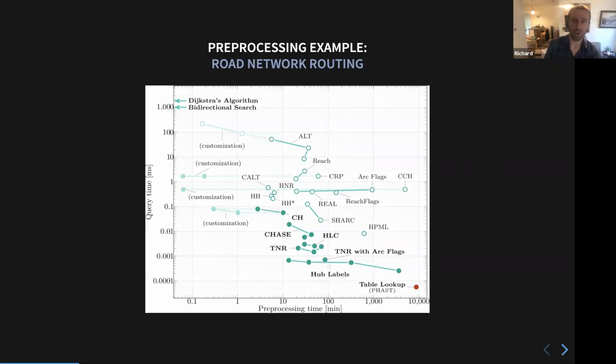But if you spend a little more time crunching this data ahead of time, you can dramatically, and by dramatically I mean 7 orders of magnitude, decrease the amount of time it takes to find a route in that road network. And I won't talk more about this here, but if this is something that's useful to you in your research, make sure that you're not implementing your road network algorithms yourself. That would be a mistake.